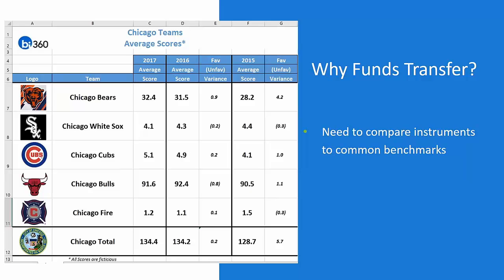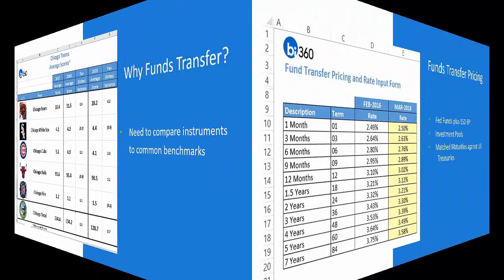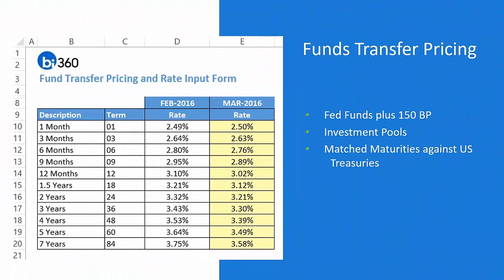That doesn't mean anything. How are the Bears doing against their competition? How's the White Sox doing against the competition? I need to know how the Bears are doing against relevant football teams, that could care less what they're doing against the Sox and the Cubs and the Bulls. Funds transfer pricing is going to compare your loans and your deposits to investments that are very safe.